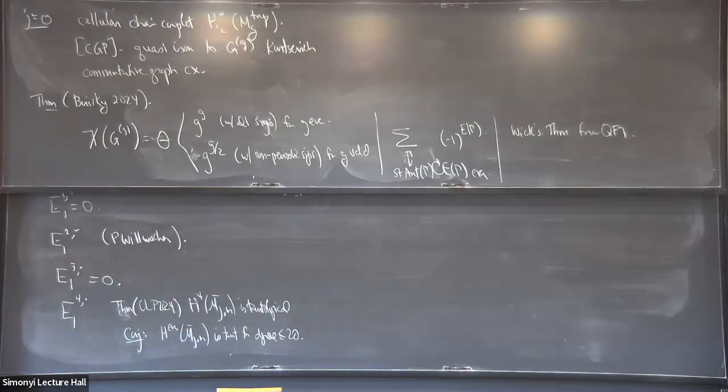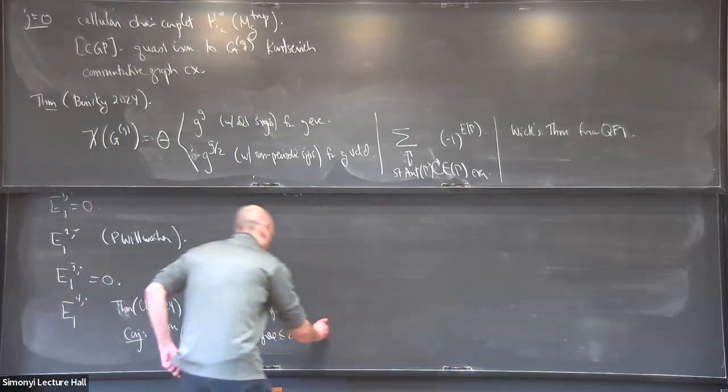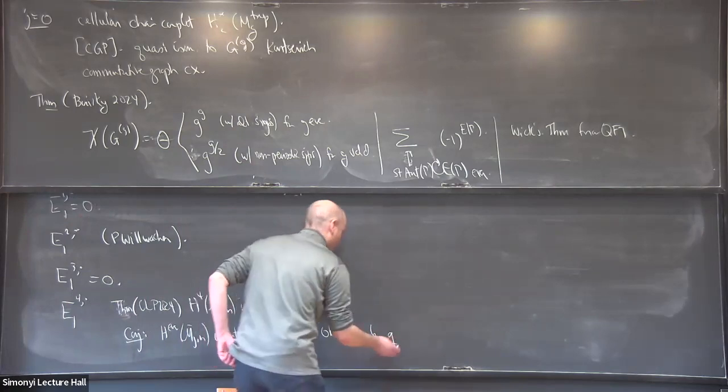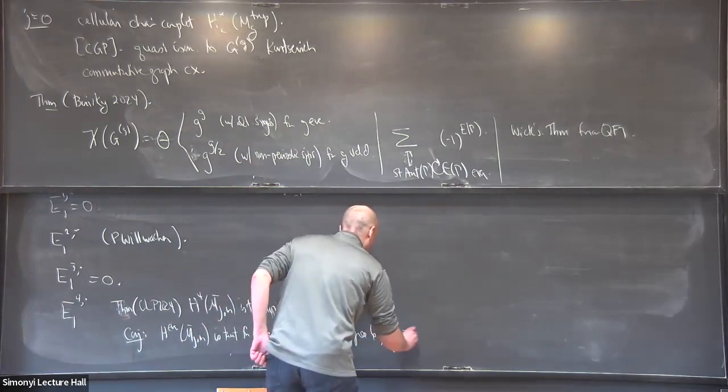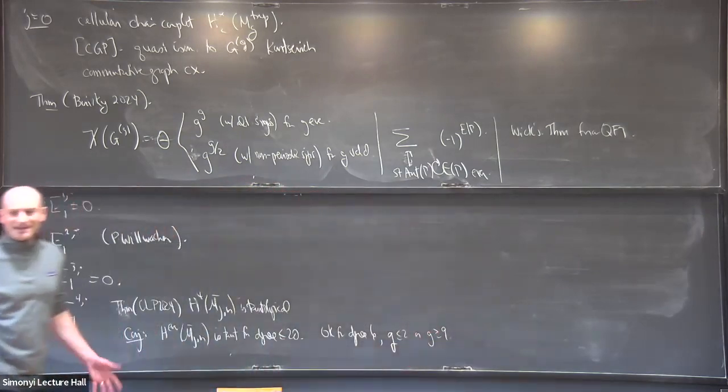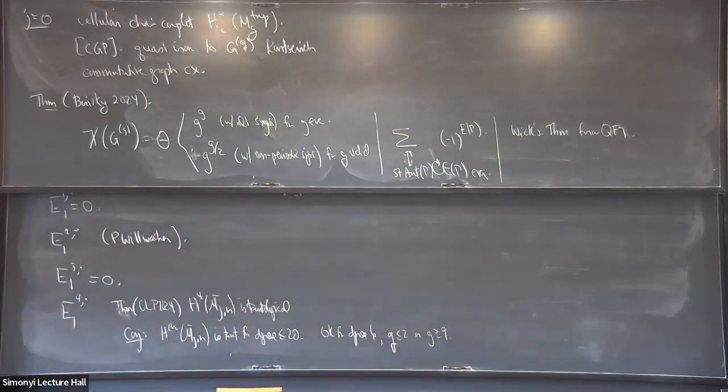It's open for degree 6, but we can only do it for g less than or equal to 2 or g greater than or equal to 9. So from 3 to 8, there's a window that we don't understand.